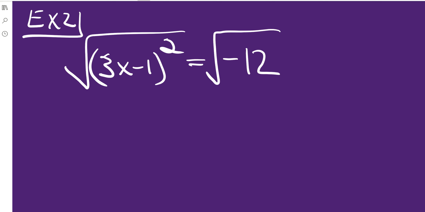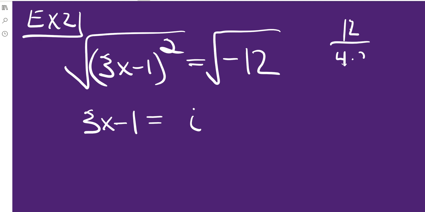So I'm going to have the square root of 3x minus 1 squared. And that's going to equal, let's see, I've got the negative 1, so I'm going to have an i out front. And then the square root of 12 is 4 times 3, and the square root of 4 is 2, so 2 comes out. Let me scoot that over a little bit.